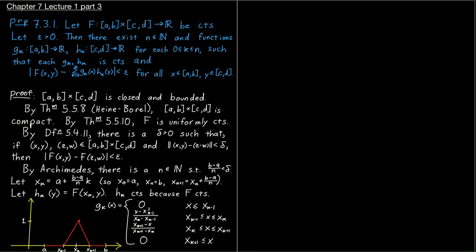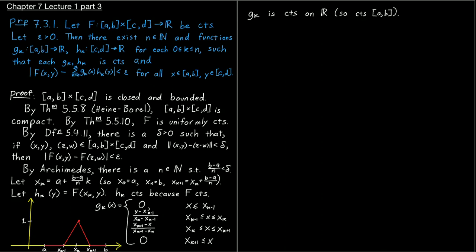And then we can conclude that g_k is continuous on, in fact, the entire real line. And so of course, in particular, it's continuous on this interval.